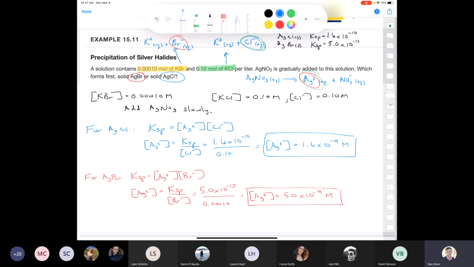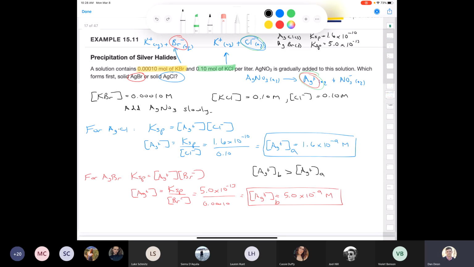Why don't I call this A, and then I'll call this one B, like that. So since the concentration of silver ions required in B is greater than the concentration of silver ions in A, that means silver chloride is going to precipitate first, okay?